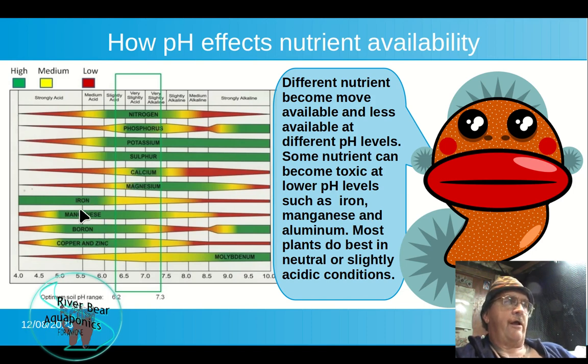So if we take a look at say we're getting down into the 5.5 area where your iron has become very, very available, take a look here at what starts to become less available. Things like nitrogen, phosphorus, potassium. Those things are what your plants absolutely need the most of. So it's pretty interesting stuff, and how pH can affect the different uptakes for your plants also.